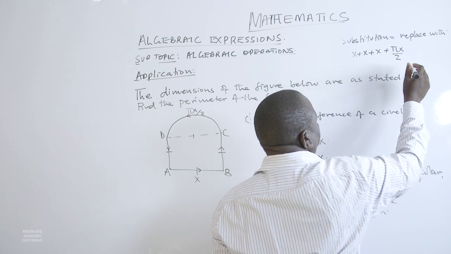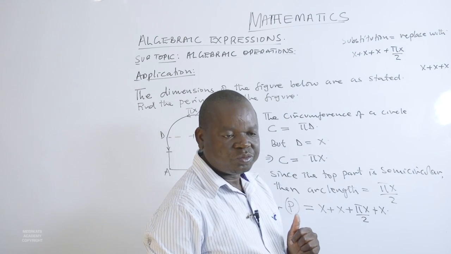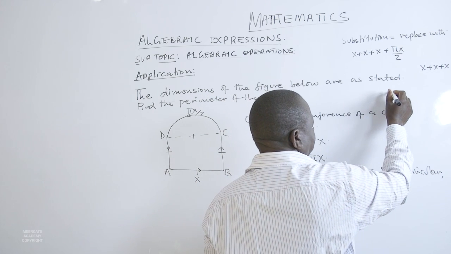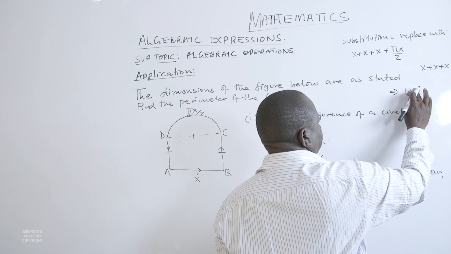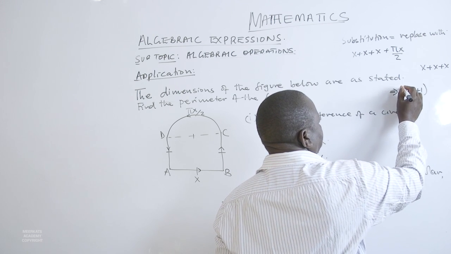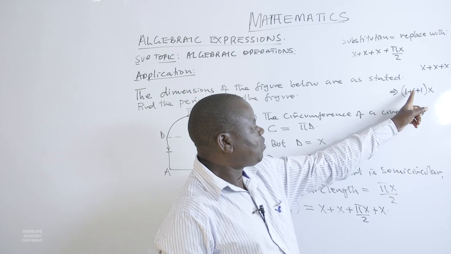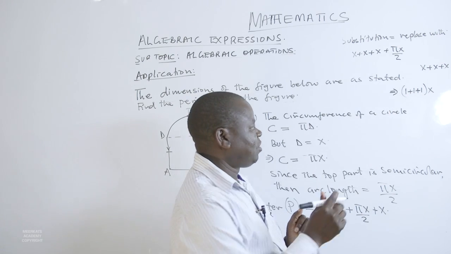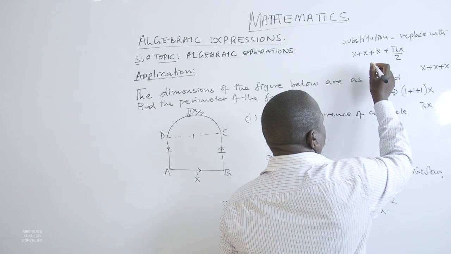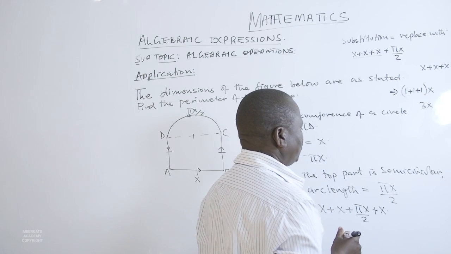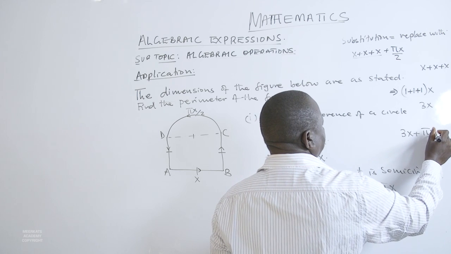What we do, we have x plus x plus x, which we can write as 1 plus 1 plus 1, then we multiply by x. 1 plus 1 plus 1 is 3. So this part simplifies to 3x. So we obtain 3x plus pi x over 2.